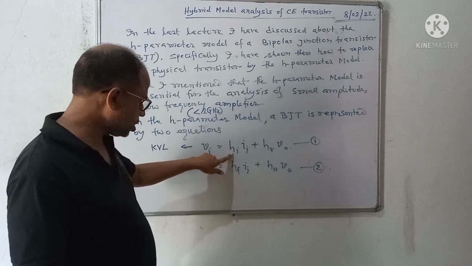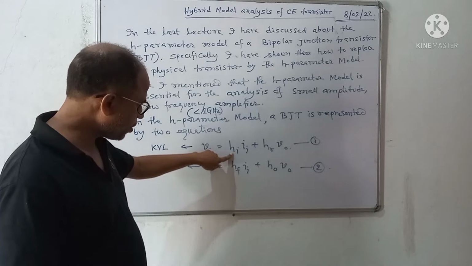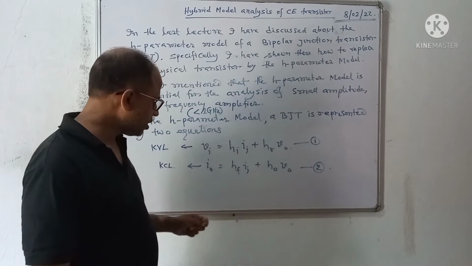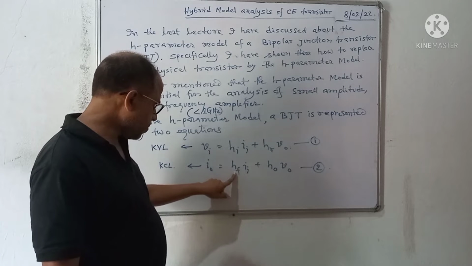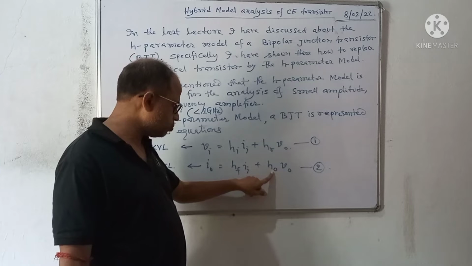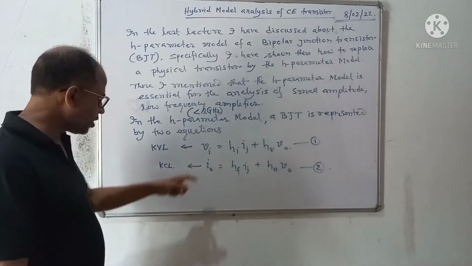Here HI means input resistance of the transistor, HR means reverse voltage gain, HF means forward current gain, and HO means output admittance of the transistor.